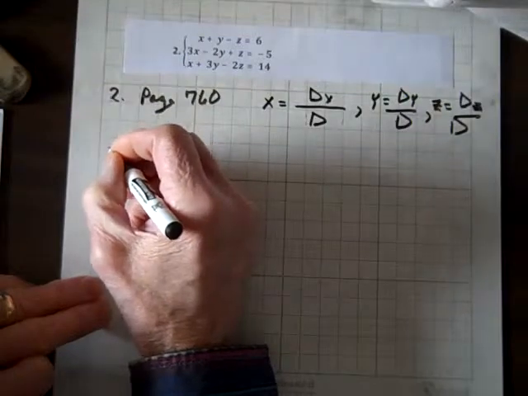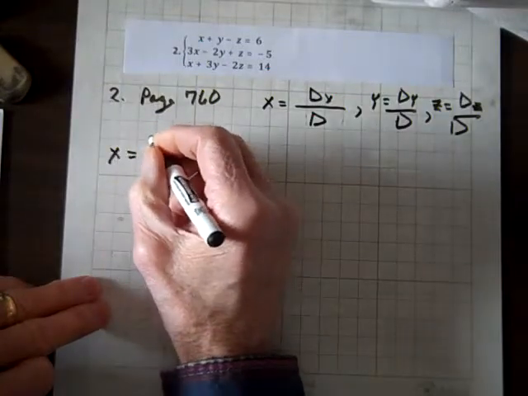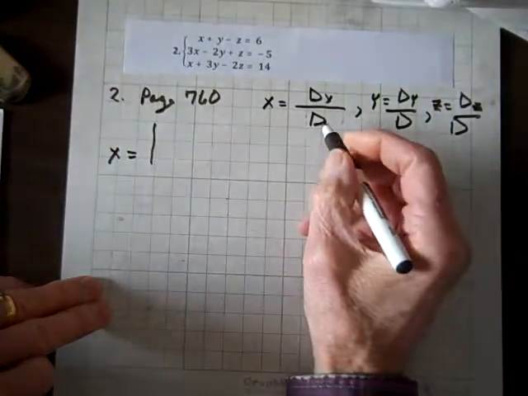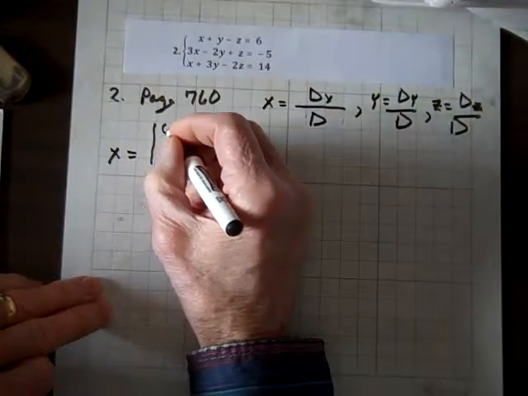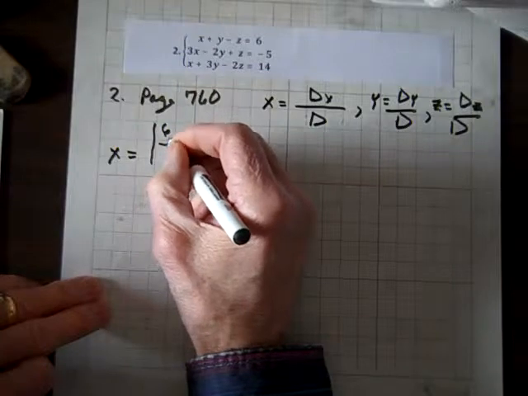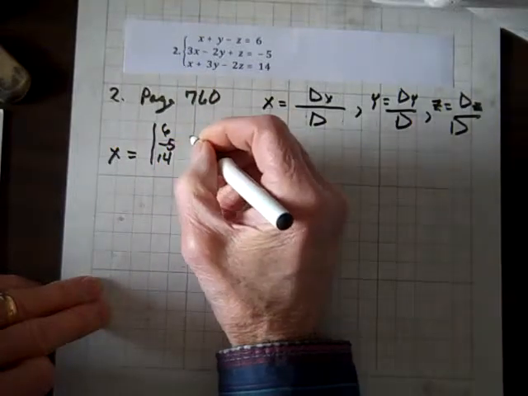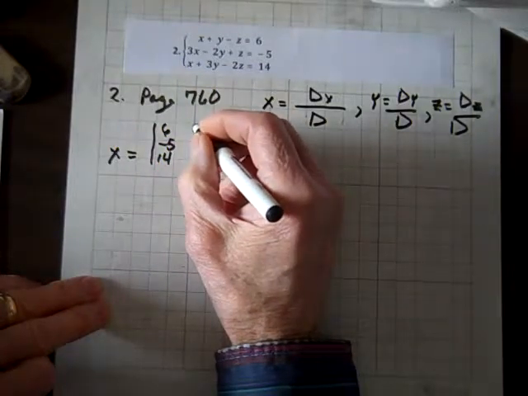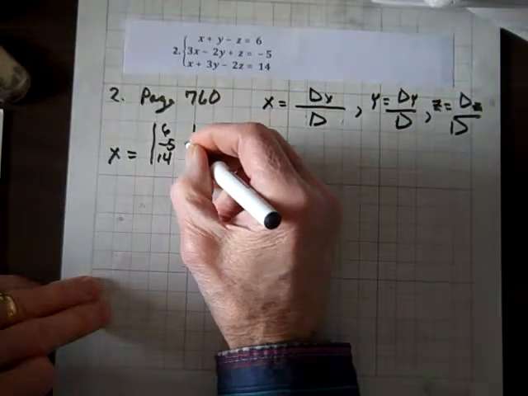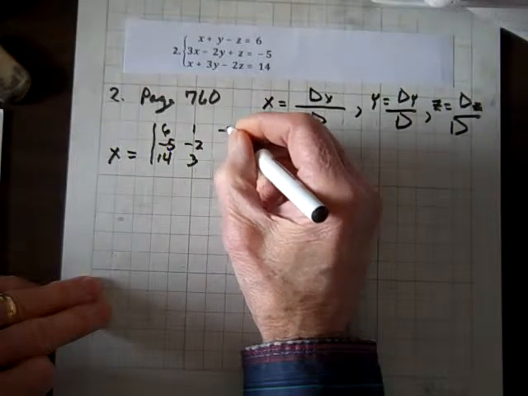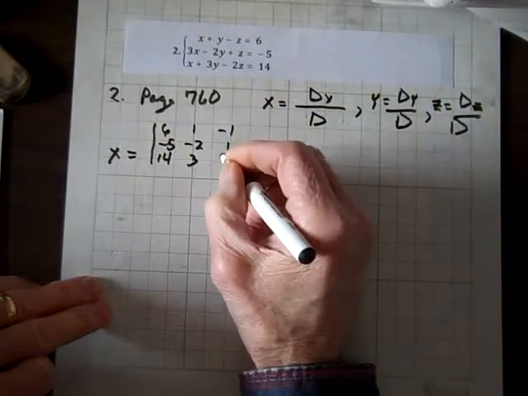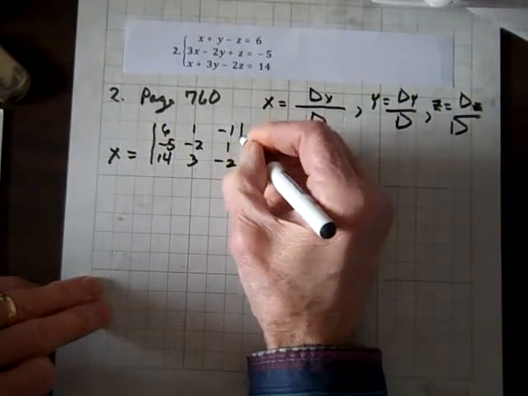So in other words, x is going to equal the determinant of, replacing the x column with our results, 6, -5, and 14, and then the y column with the coefficients on y, 3, -1, 1, and -2.